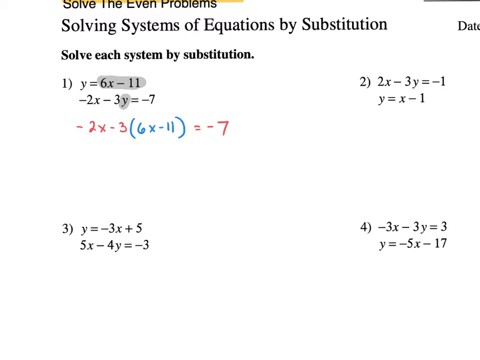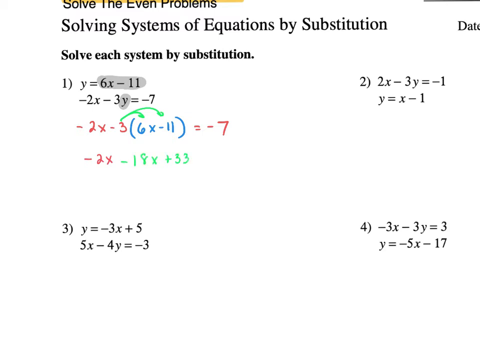And by substituting, what I've created is a new equation that only has x's in it. And that's perfectly solvable. So let's just follow order of operations. We have to do multiplication first here. So let's distribute that negative 3. We'll have negative 2x, and that will give us minus 18x plus 33.